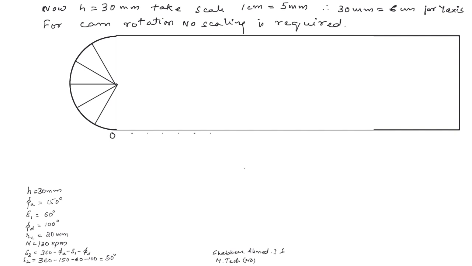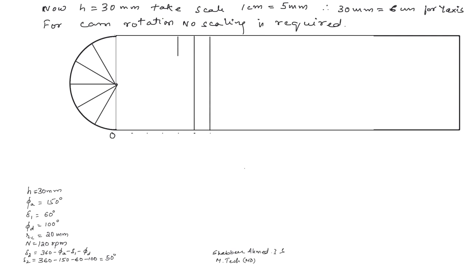Okay, now after dividing it into 6 parts you draw vertical lines like this. 1. So you have to practice this using mini drafter and drawing sheet.